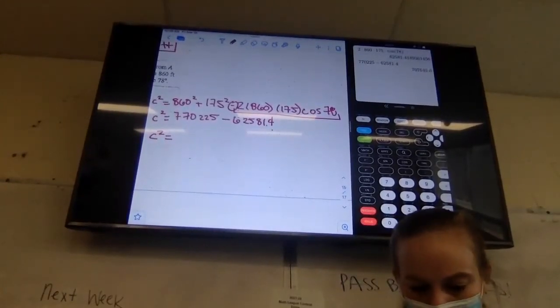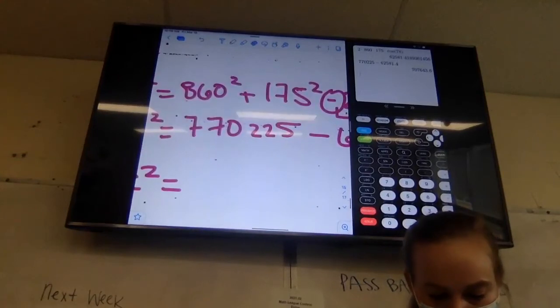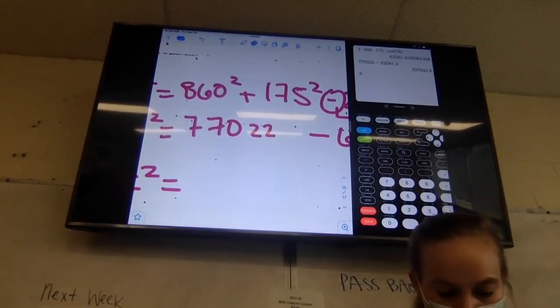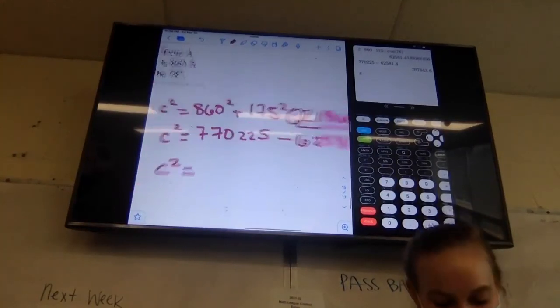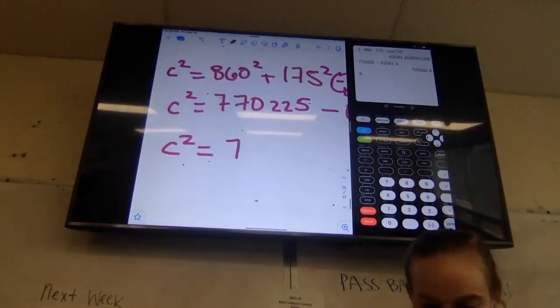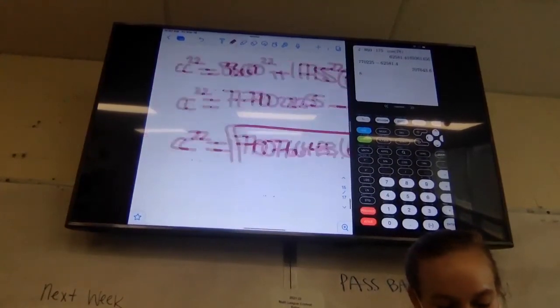The first number should be 770,225. Okay, so I think I get 707,643.6, and I think I have to square root that, and now I think I'm done.